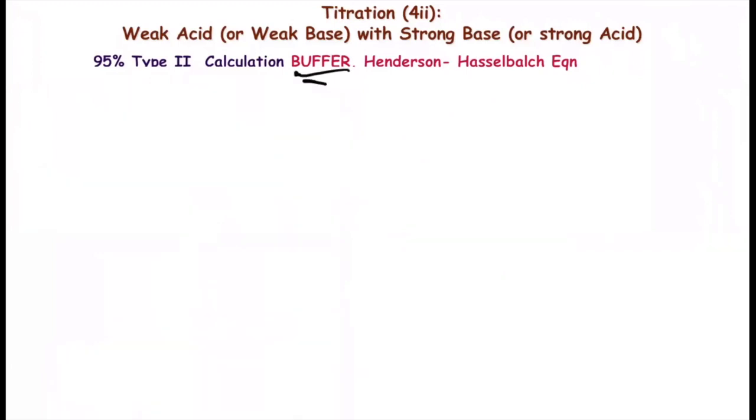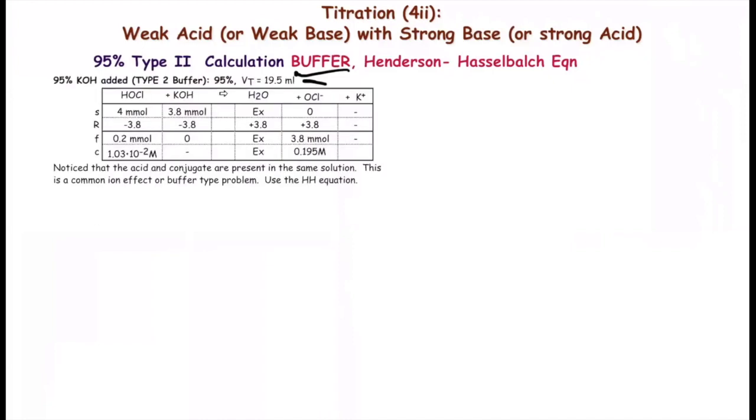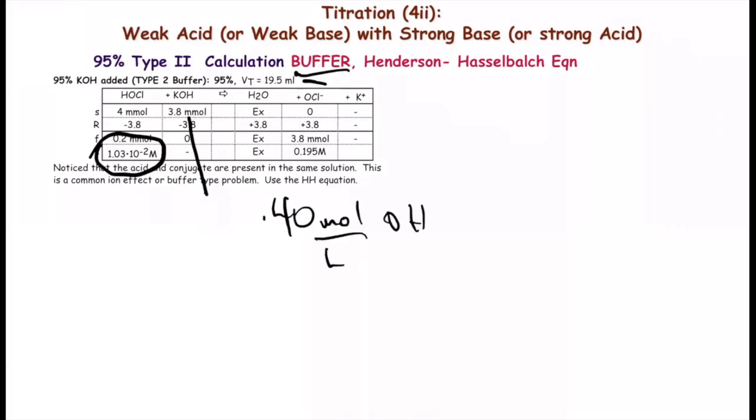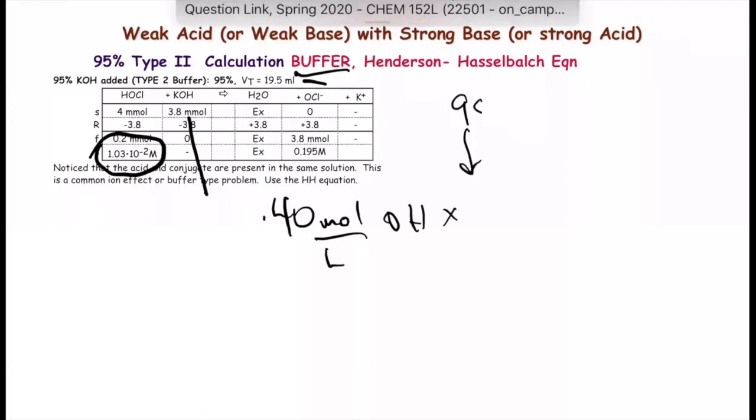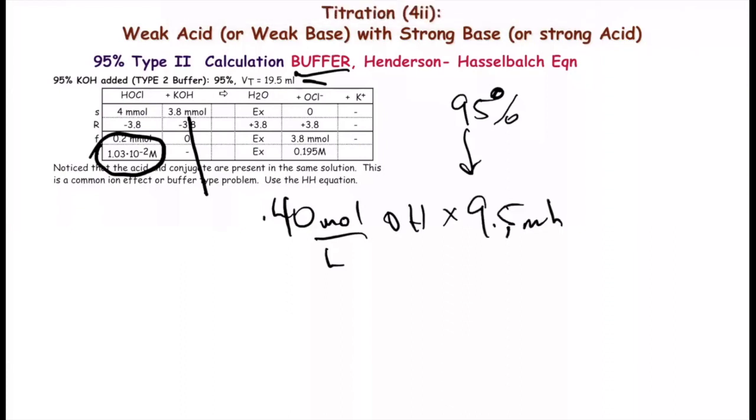What you need to do, though, is calculate how much reactant remains. So 95% means that we've got 0.40 moles per liter of hydroxide. Remember, that's the initial. The 95% volume was 9.5 milliliters. If you multiply 9.5 milliliters times 0.4, you get 3.8 millimoles.